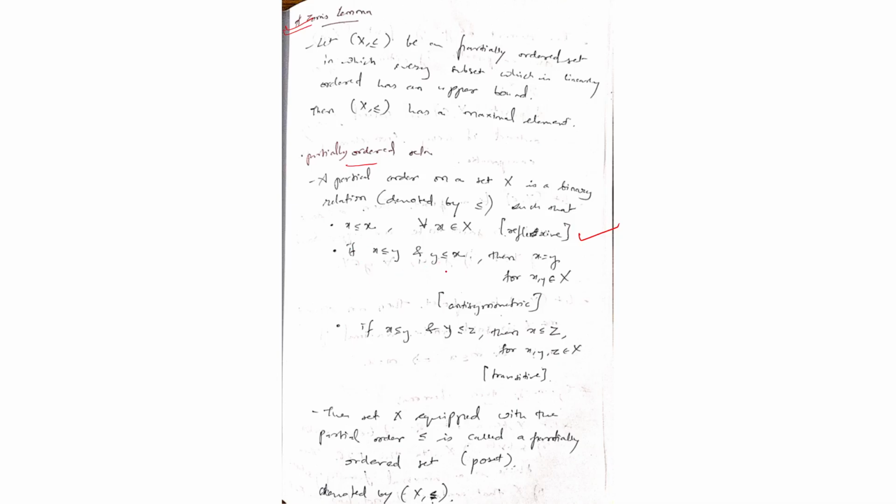Then if x is less than or equal to y and y is less than or equal to x, then x will be equal to y for all x, y belongs to X, that is the antisymmetric property. And if x is less than or equal to y and y is less than or equal to z, then x will be less than or equal to z for all x, y, z in X. Okay, that is the property of transitivity. So if all these three properties are satisfied by a partial order on a set X with a binary relation denoted by this sign, then it is said to be a partially ordered set or a poset. Fine. So I hope it is clear what a poset is.